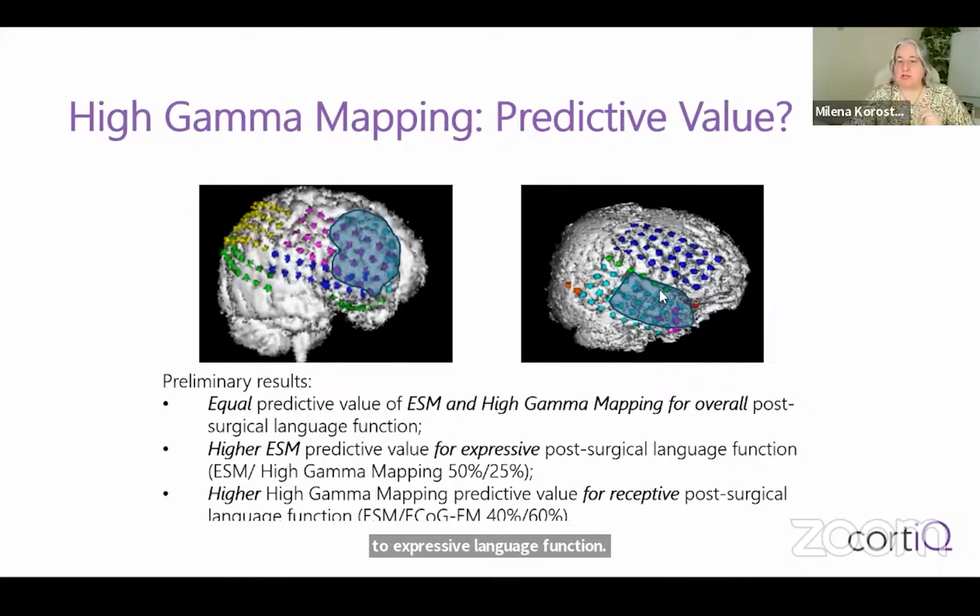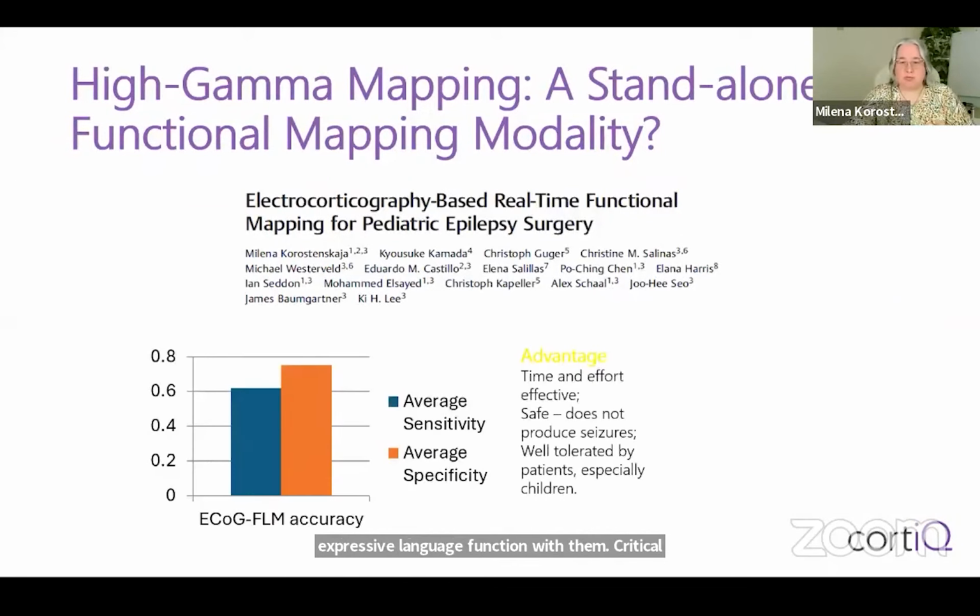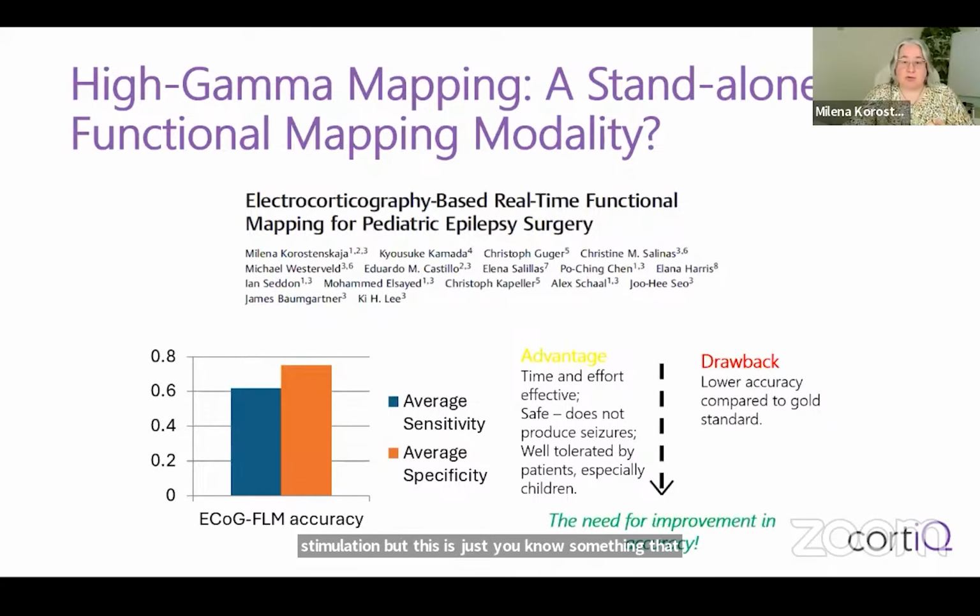Very interesting results. So maybe we can focus more on receptive language function evaluation with high gamma mapping, and more on expressive language function with cortical stimulation. But this needs to be confirmed in further studies.